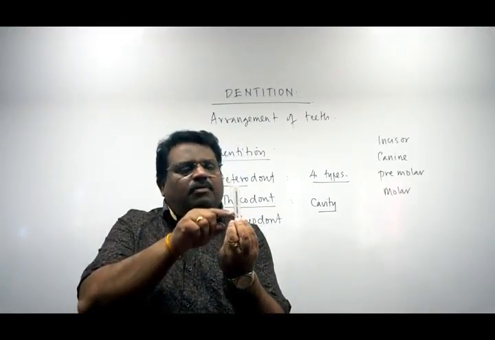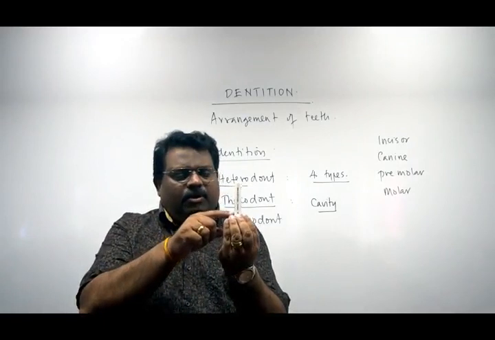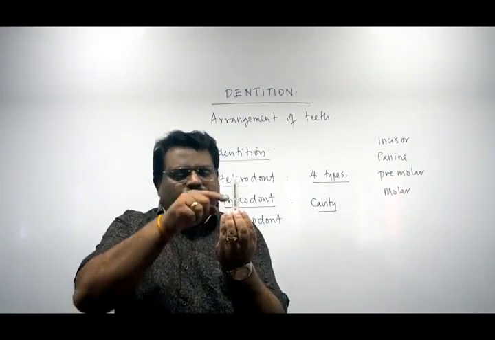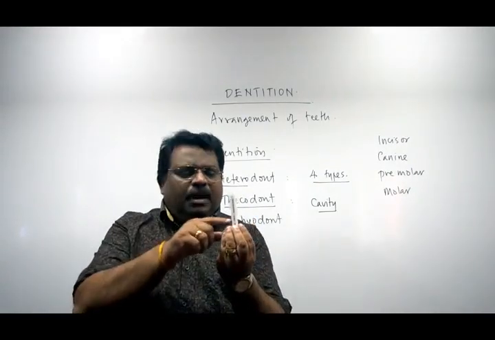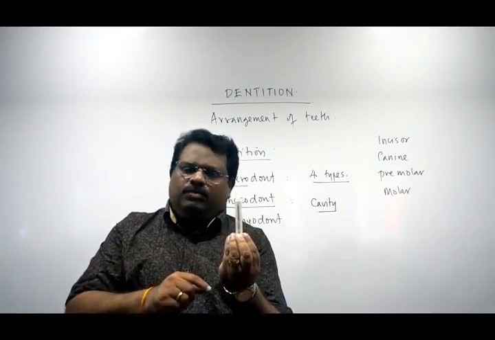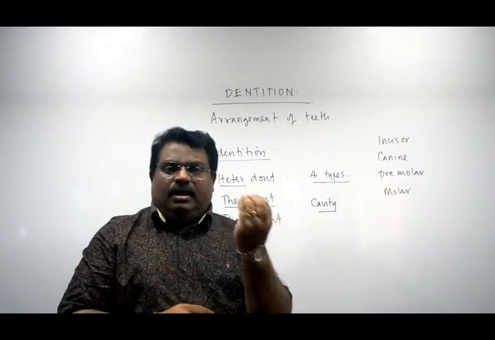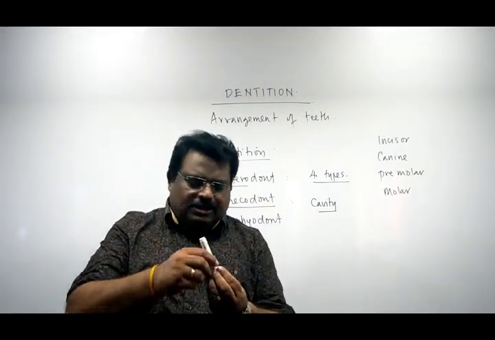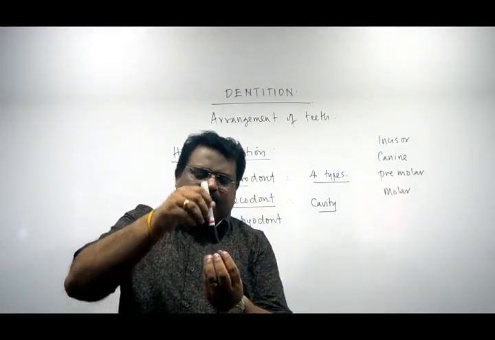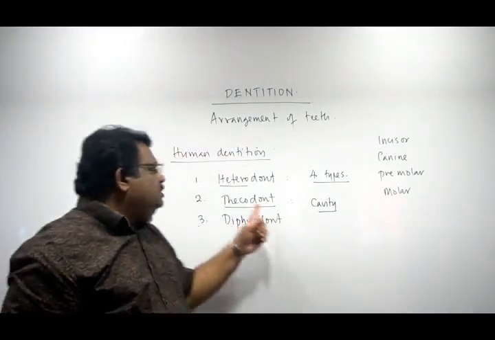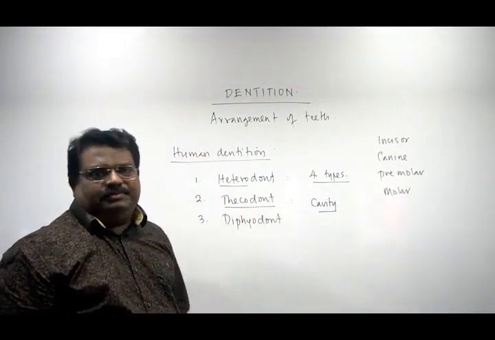That means only one portion is visible, the remaining part is hidden from view, placed inside the cavity. The part which is visible is called the crown of the tooth and the part which is present inside the cavity is called the root of the tooth. And since each tooth is placed inside a cavity, the dentition is called thecodont dentition.